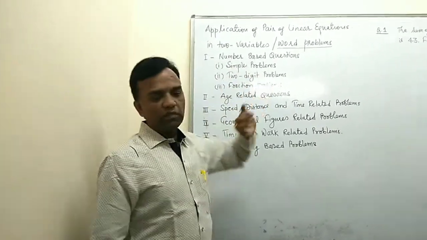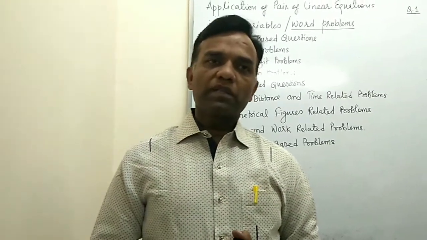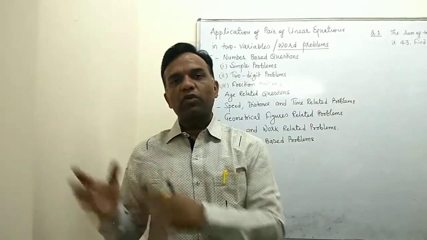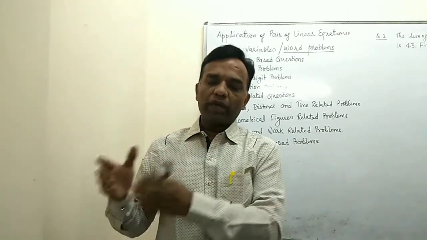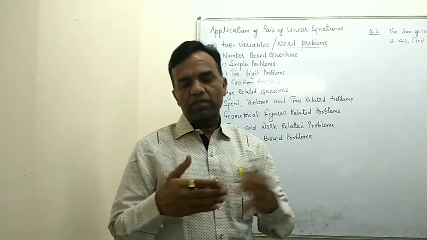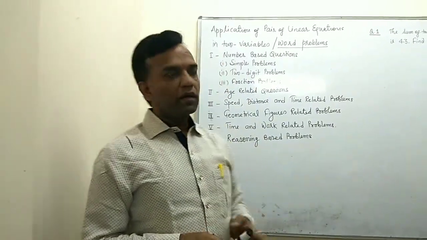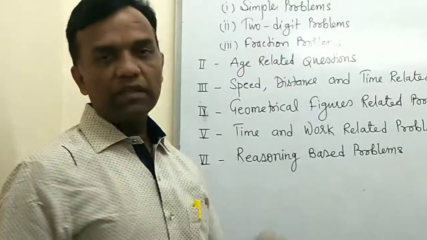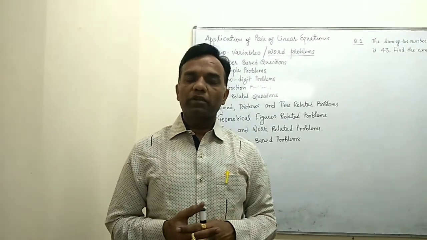Now two digit numbers, like the numbers from 10 to 99. For example, the unit place is two times the tens place, or the two digit number is two times the sum of its digits. There are many different categories like this. In fractions, generally we have numerator upon denominator.